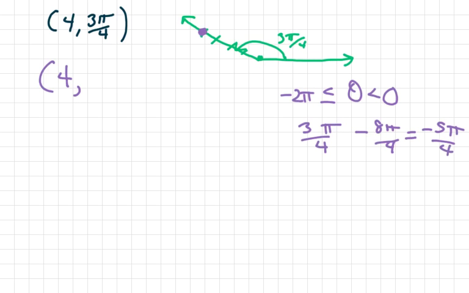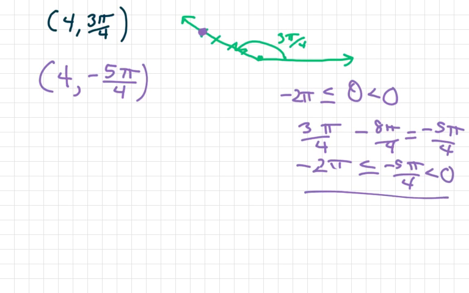And that gives us our negative angle, which is what we wanted, and I'll show you in a minute. Negative 5π/4 is what they're saying is between negative 2π and 0.